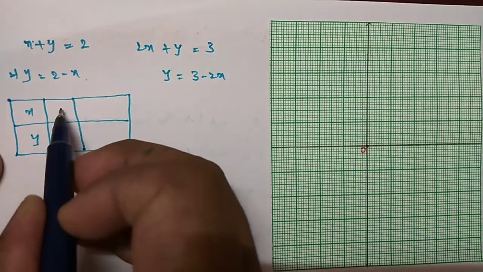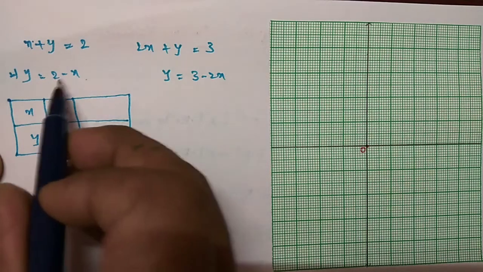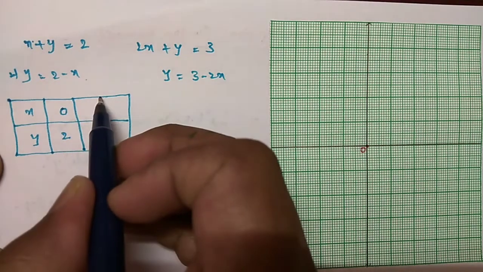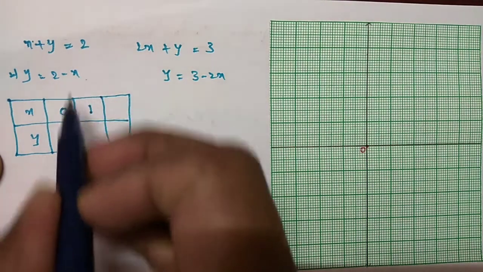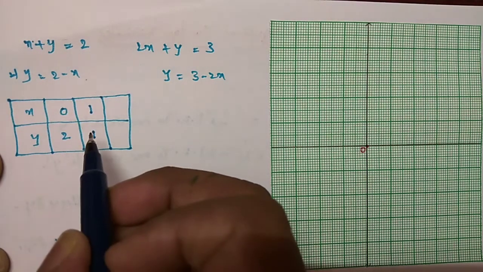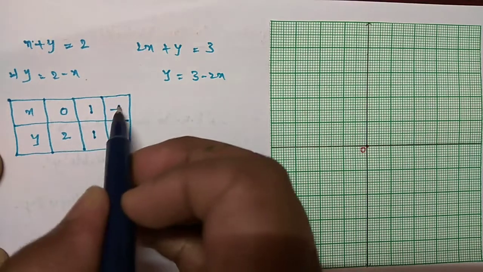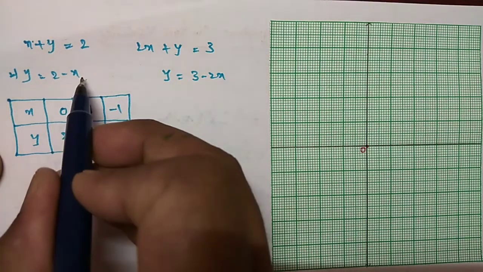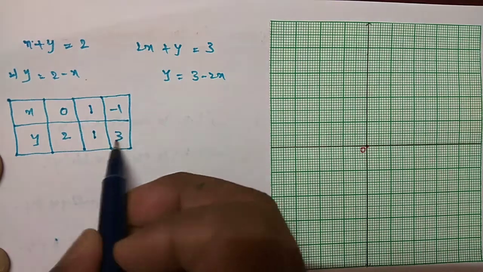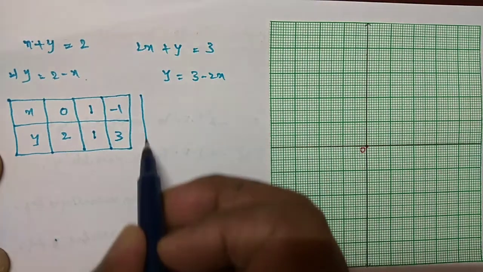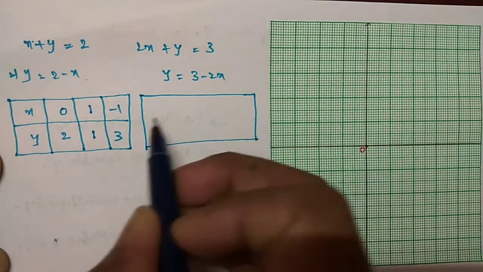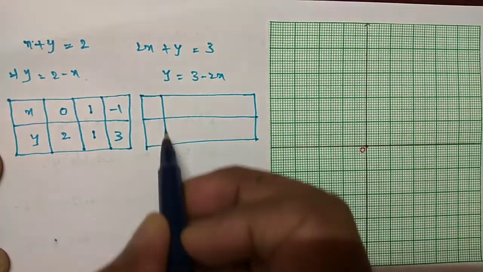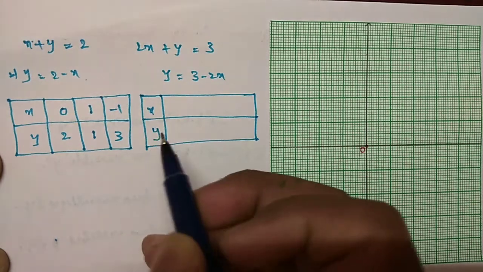If x is 0, y is 2 minus 0, which is 2. If x is 1, 2 minus 1 is 1. If x is minus 1, 2 minus of minus 1 is 3. Similarly, for the second one, this is x and y.